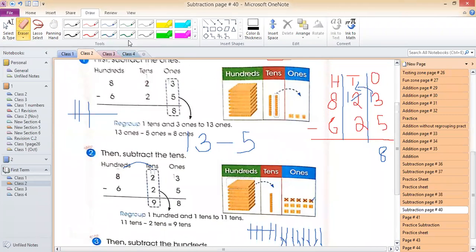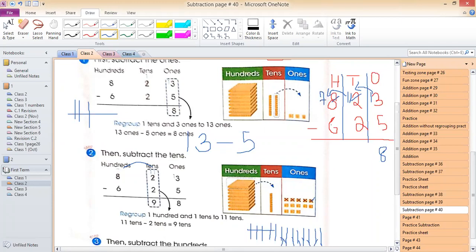So what will you do now? You will go to this hundreds and take 1. When it gives 1 to the tens, there will be 11 tens and this 8 will become 7.